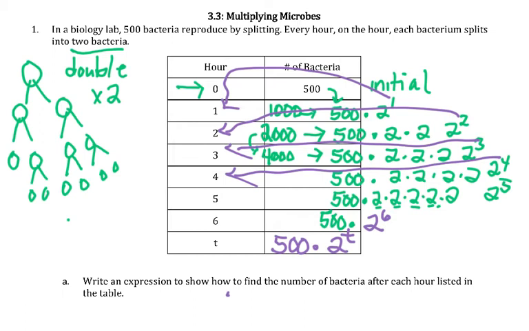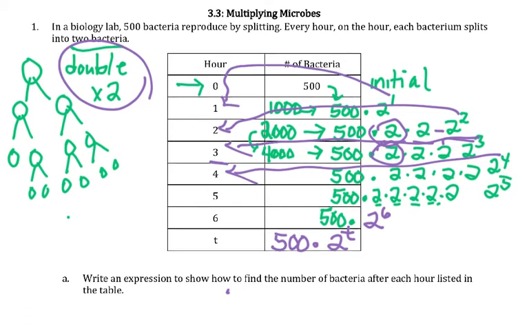Make sure you get this down. Remember, my exponent has to do with the hour. The number is how many times I am multiplying 2 by, right? All right, 2 to the power of 2. Why am I multiplying by 2? Because I am doubling my bacteria. And I got that from my problem.